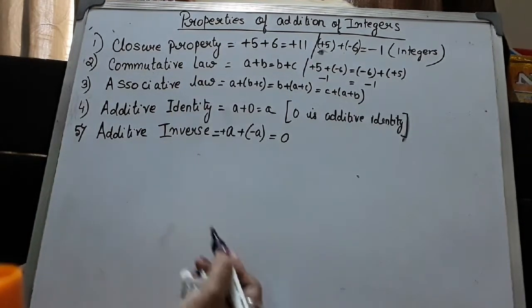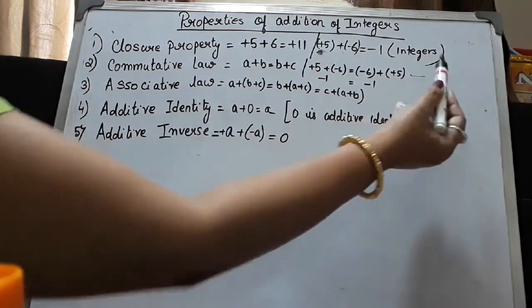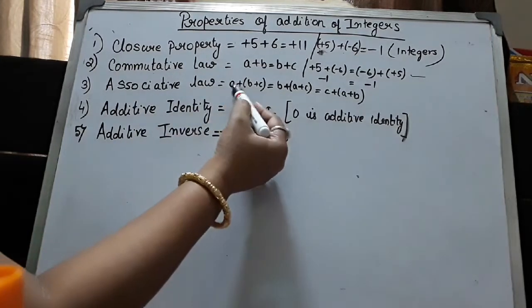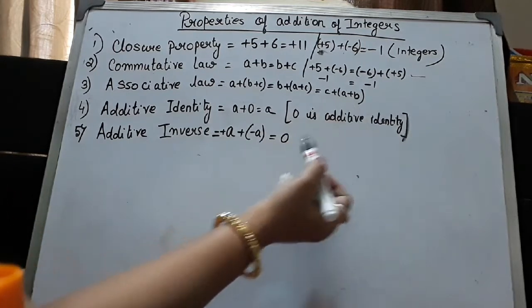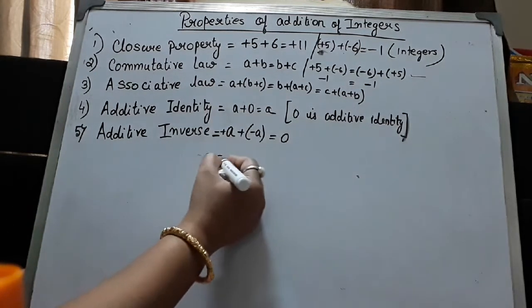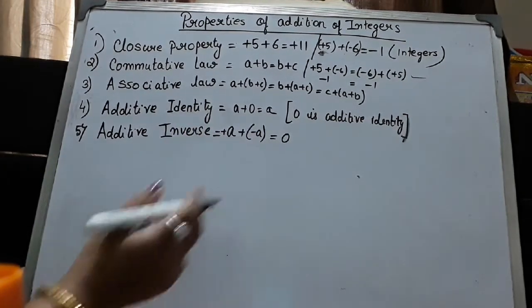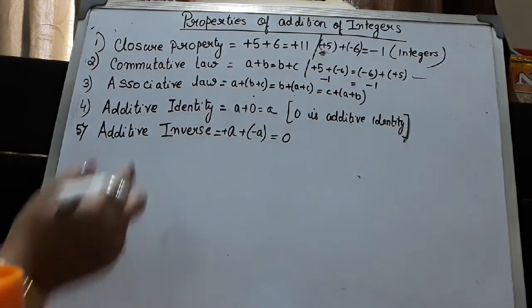Both the sides you check, it will come same answer. Okay, example is given, go through the example. Associative law, I showed you the example, a plus b plus c equals b plus a plus c equals c plus a plus b. When we arrange, you put some number for a and you can recheck it by yourself. You will see all the answers are similar to each other.